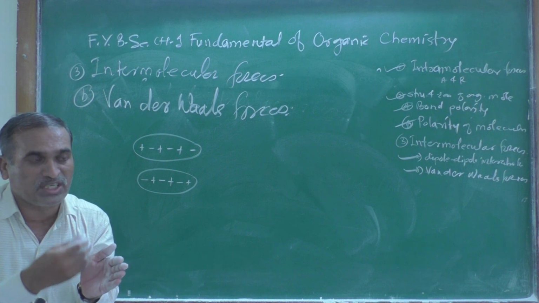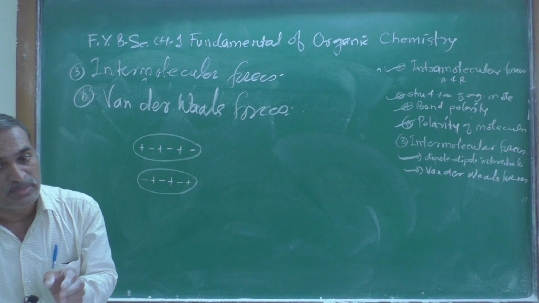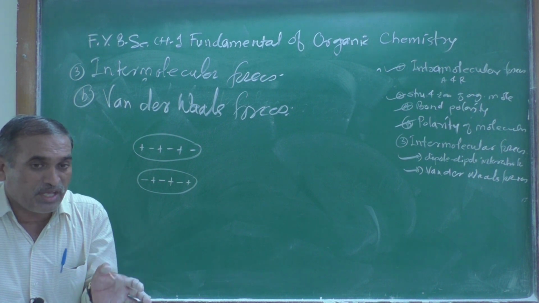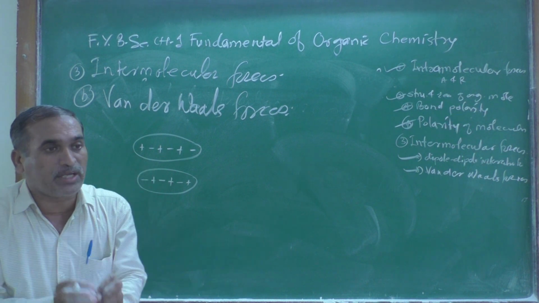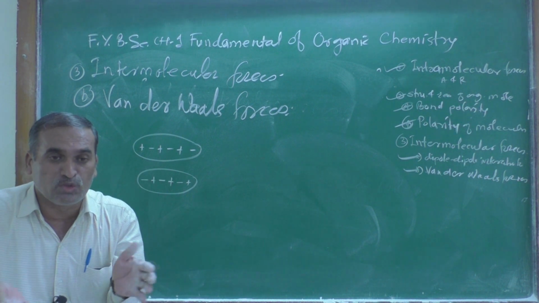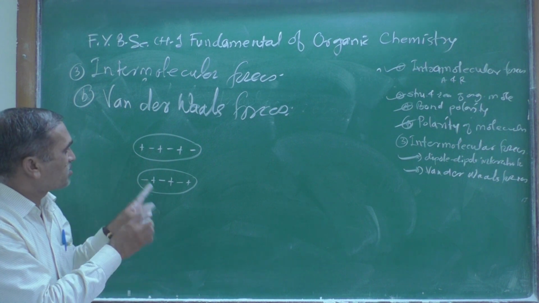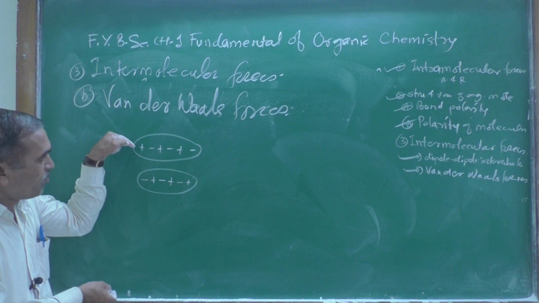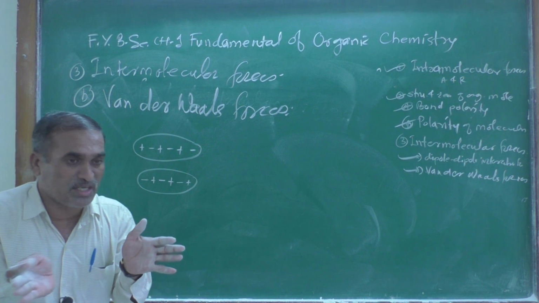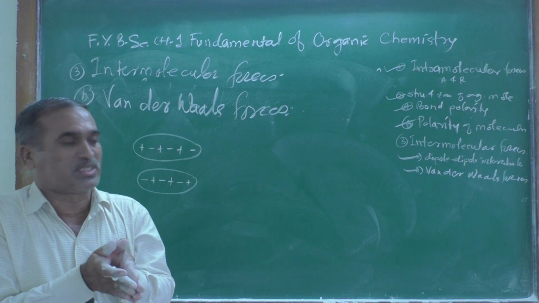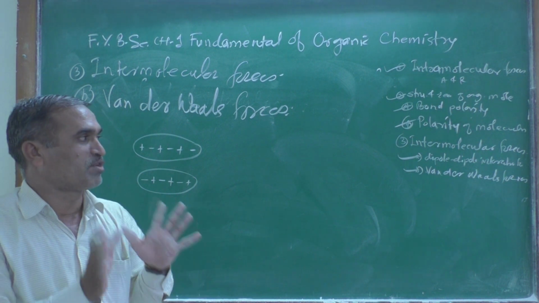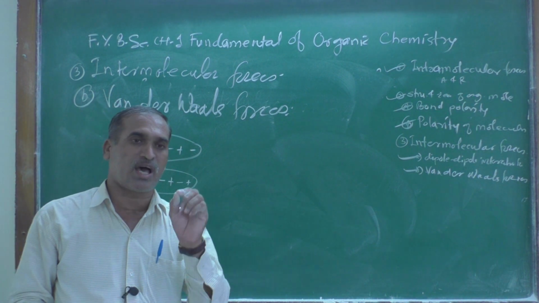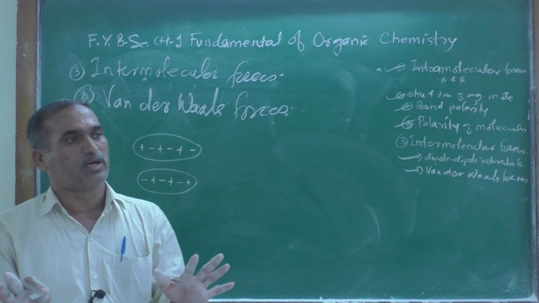and they orient themselves in such a way that one atom has a positive end and another atom has a negative end. When they come sufficiently close to each other, that force starts operating, and these molecules orient themselves in such a way that one has the positive end and the second has the negative end, they get attracted towards each other, and therefore that type of force is called van der Waals forces, and these van der Waals forces are present in non-polar molecules.